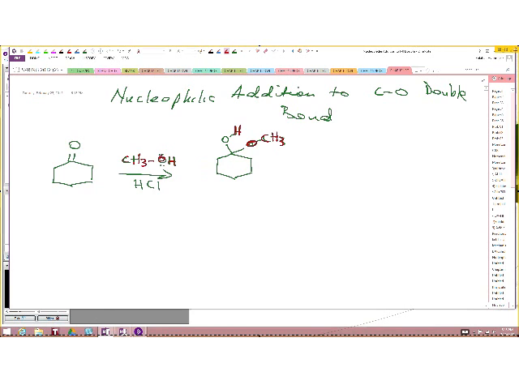And so we call this a nucleophilic addition, because we are adding a nucleophile to this carbon right here. And then we told you we could take this further: if we now take another mole of methanol, also in the presence of an acid catalyst, now we could get this.